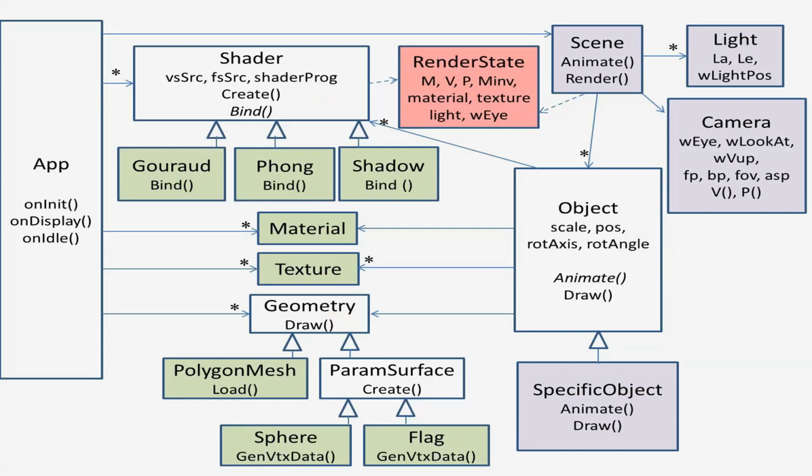As many objects may share the same shader, material, geometry, or texture, objects do not contain these properties, but they are associated with them. It means that the application creates shaders, materials, textures, and so on, and every object can pick from them according to its own taste.